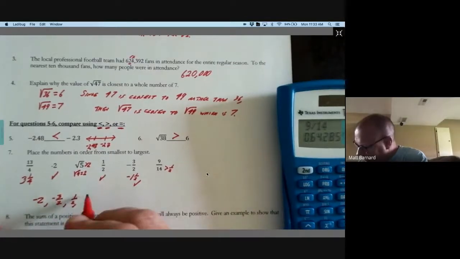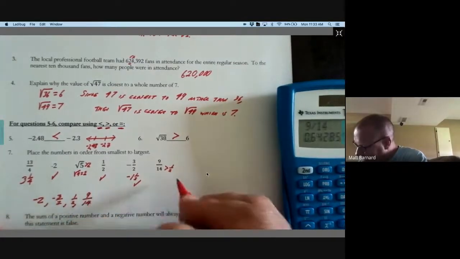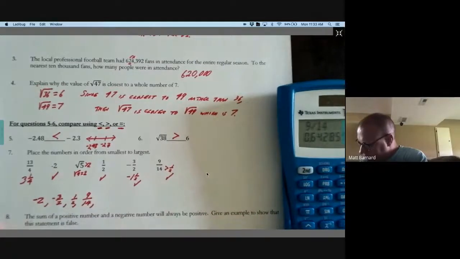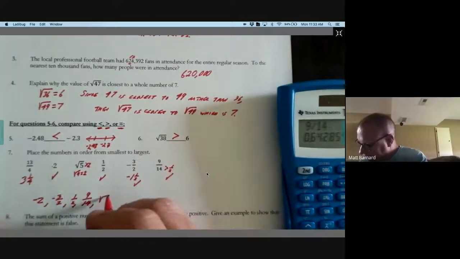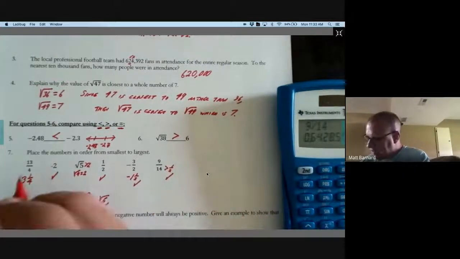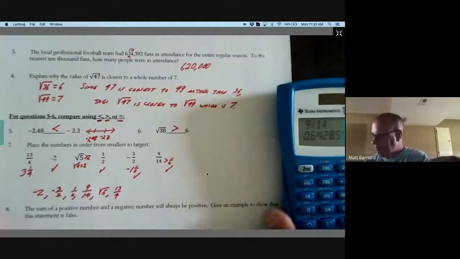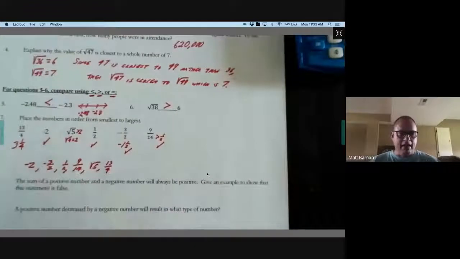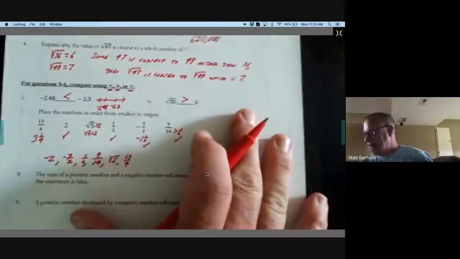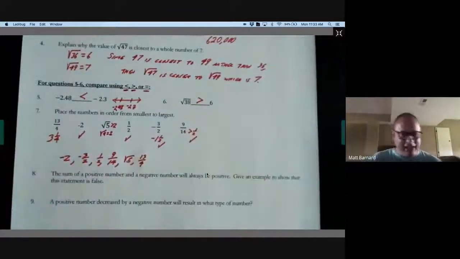We've got a fraction more than half, 9/14. And then we've got the square root of 5, which is a little bit more than 2, and 13/4, which is more than 3. Having number sense is the ability not only to calculate maybe very quickly in your head, but also to get a feel for what the answers are going to be.